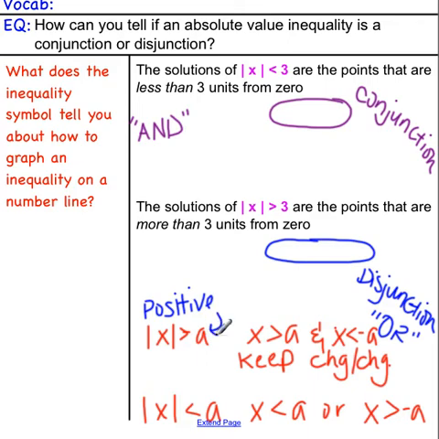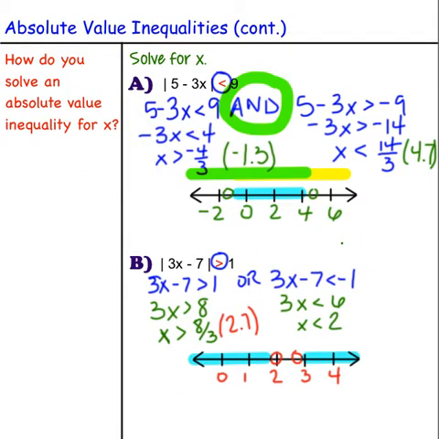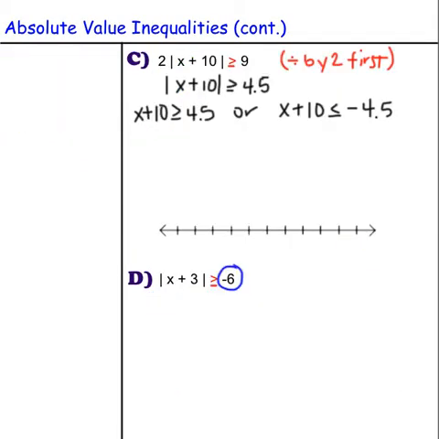If it is not positive, these won't work, because remember, an absolute value is always positive. So because this is negative, this is impossible to do, so this is going to be no solution.